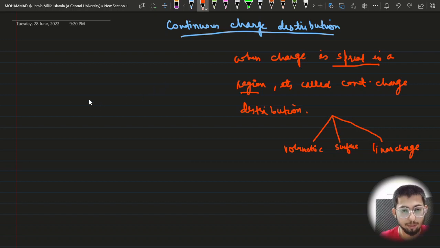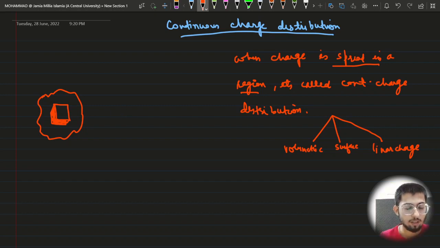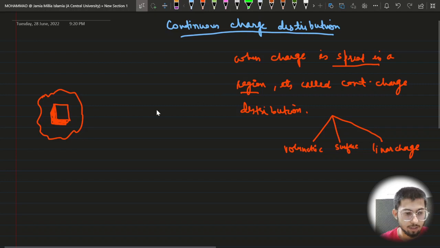So let's say I draw some charge distribution. This is not a single charge, it is a charge distribution. This box has multiple charges. You cannot isolate a charge, it is continuous.